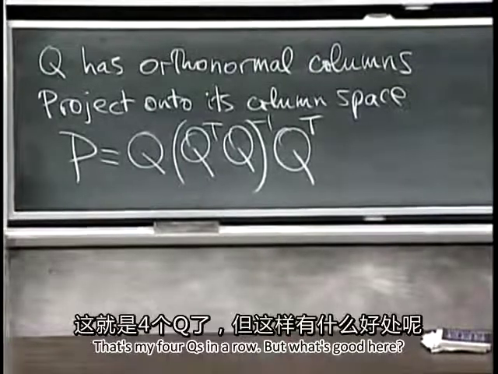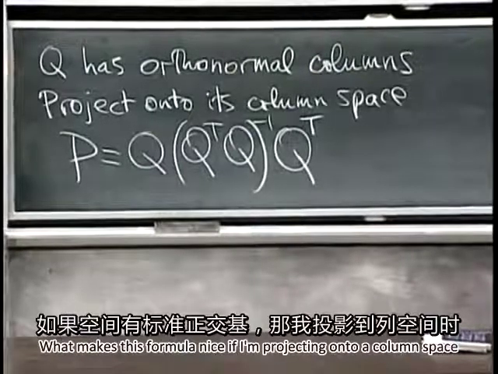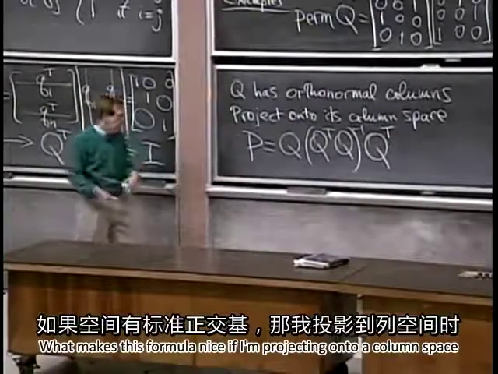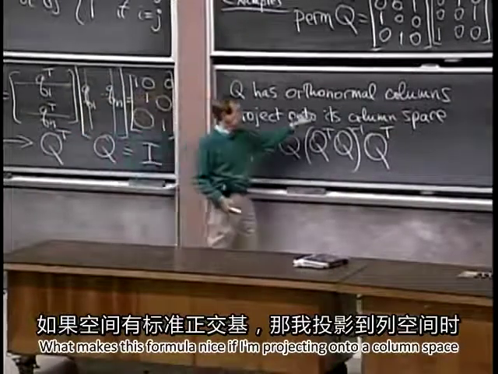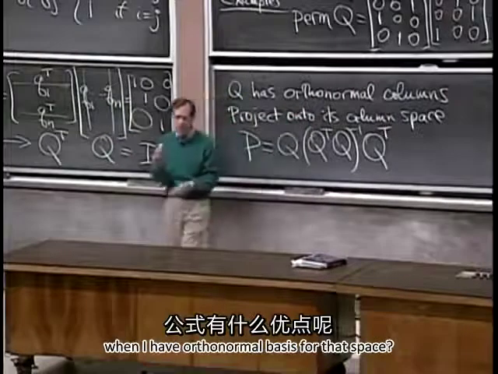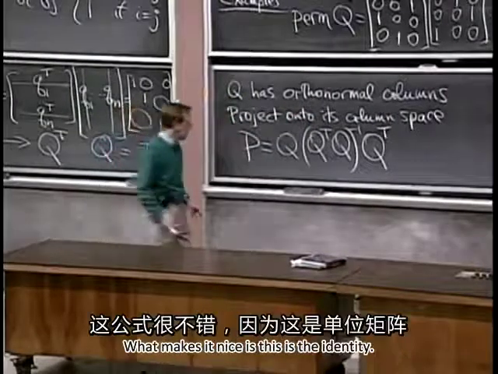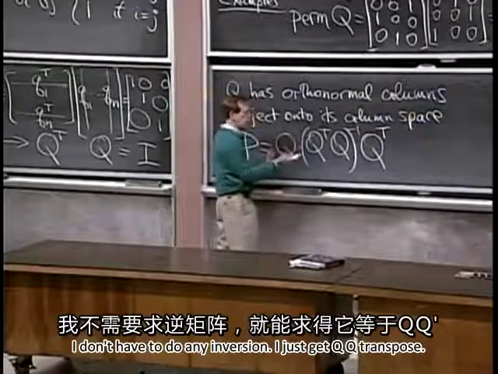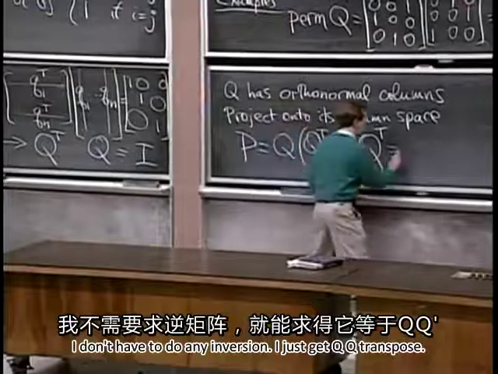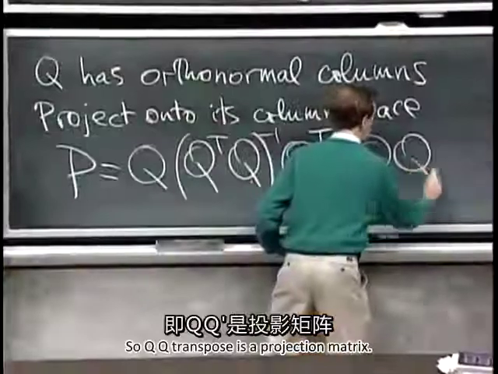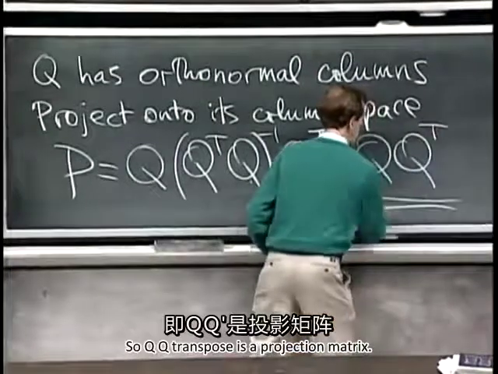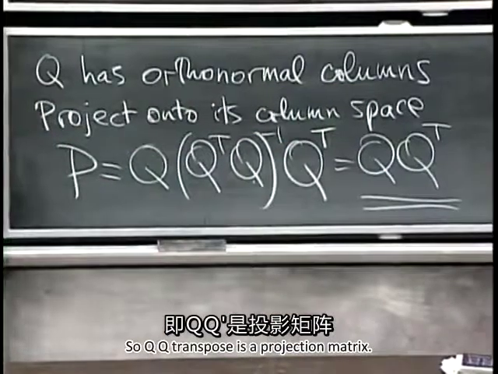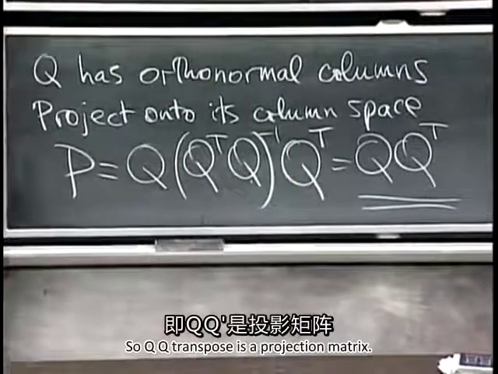But what's good here? What makes this formula nice if I'm projecting onto a column space when I have an orthonormal basis for that space? What makes it nice is this is the identity. I don't have to do any inversion. I just get Q Q transpose. So Q Q transpose is a projection matrix.